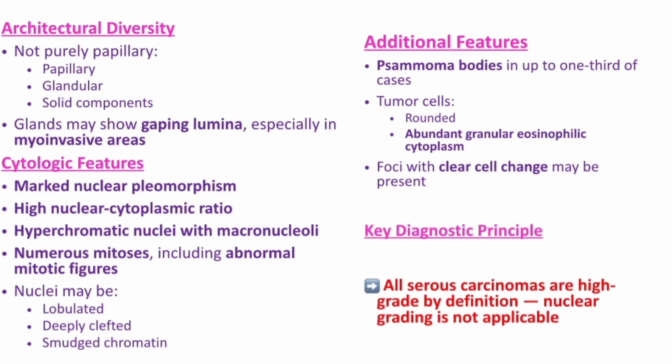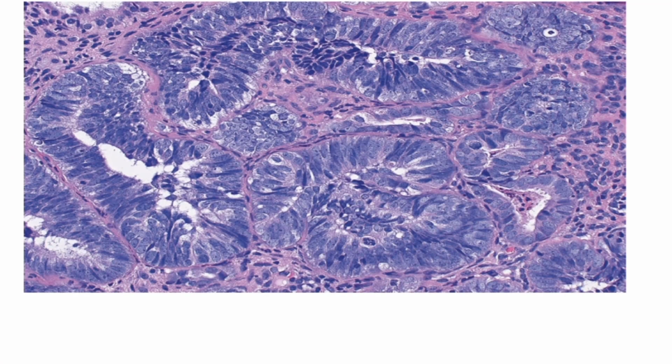Now, the key diagnostic principle is that all serous carcinomas are high grade by definition, because nuclear grading is not applicable here; they are high grade only. Here we can see another pattern of serous carcinoma, a glandular pattern.